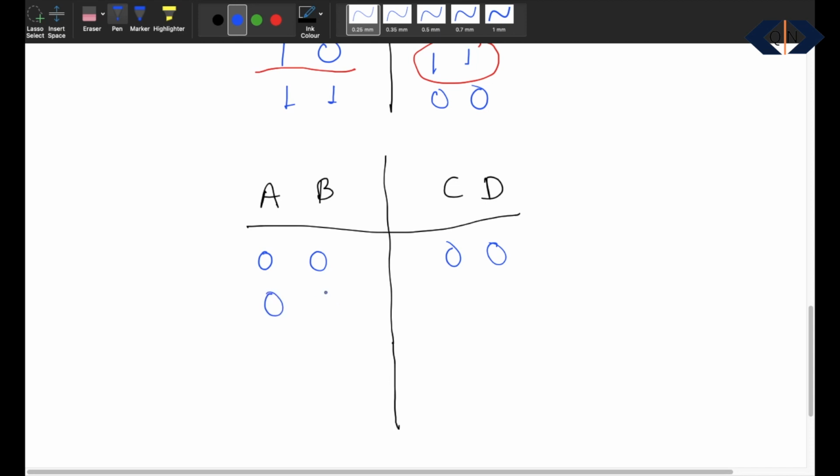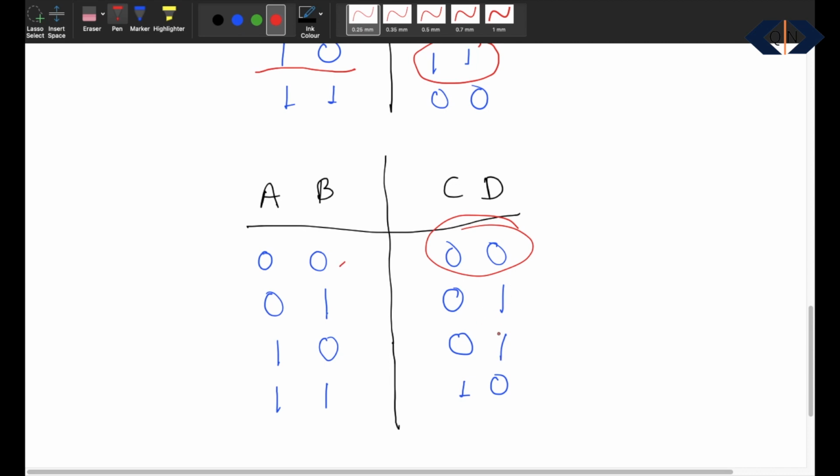If this is 0, 1, our output is coming as 0, 1. If A and B are 1, 0, then again our output is coming as 0, 1. And if input is 1, 1, then 1, 0. Let's look at any of this. If the output is 0, 0, can we know what our input was supposed to be? It was supposed to be 0, 0, right?